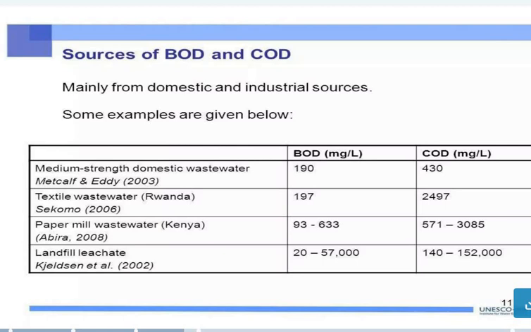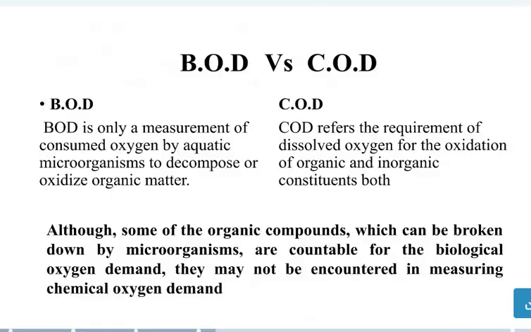Paper mill wastewater: 93 to 633 and 571 to 3085. Landfill leachates: 20 to 557,000 and 140 to 152,000.